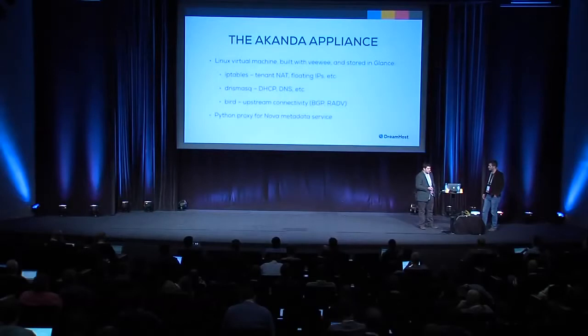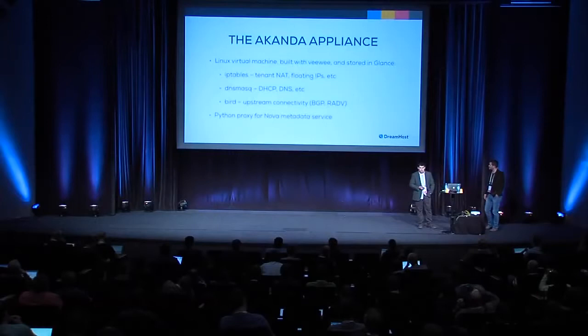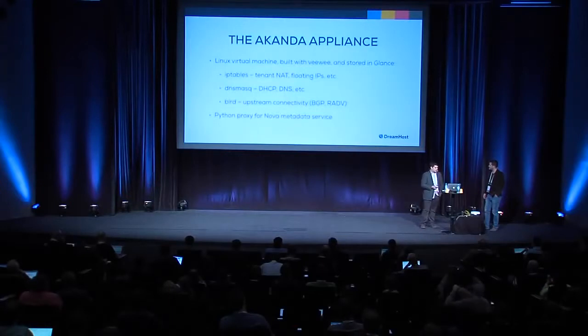So some of the pieces of software running on the actual appliance: IP tables, we use that for tenant address translation, floating IP address translation. DNS mask we're using for tenant network DHCP. In our cluster, we actually use config drive, so we don't make use of this, but it does work.